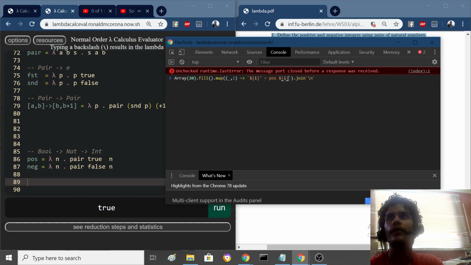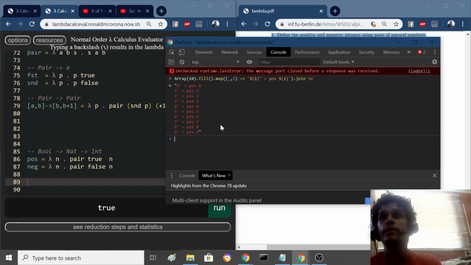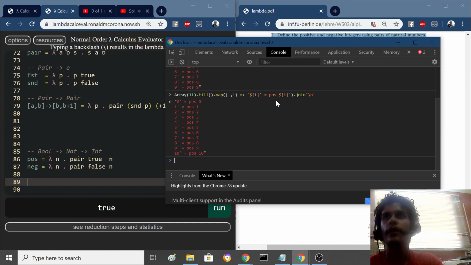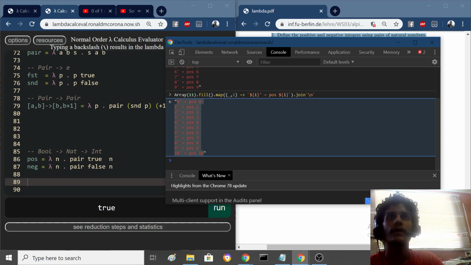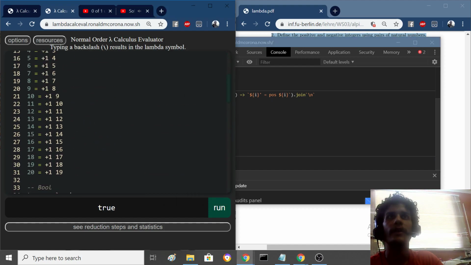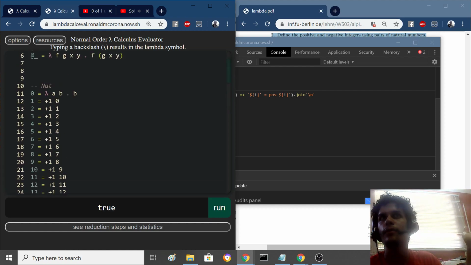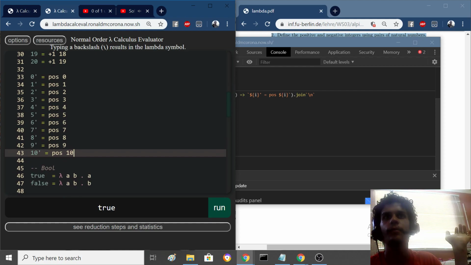I'll just do it like that, and this will be 10, maybe 9 positive numbers. Oh, we'll do 10. 9 positive numbers. Define them up here with all the rest of the numbers, and this is just something we have to do. It's not the prettiest thing, but it's just something we have to do.